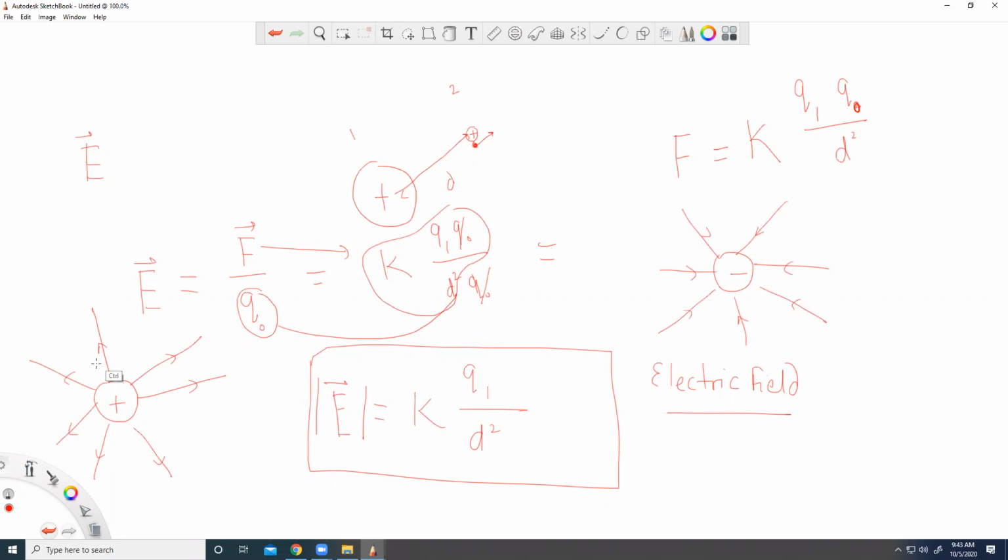And again, the meaning of these lines with the arrows is they show which way a test charge will feel the force, or you can also say tend to move. If you place a test charge here, which way does it tend to move? That is shown by this arrow. It tends to move along this line. If you put the test charge here, it tends to move that way because that's the way along which it feels the force.